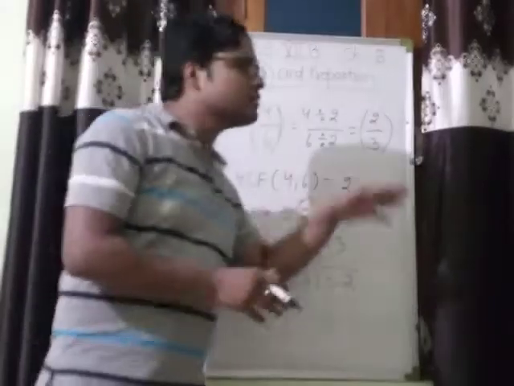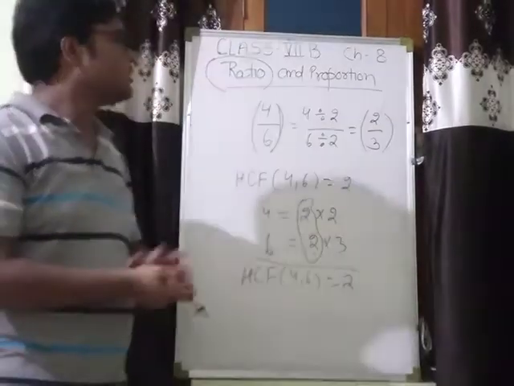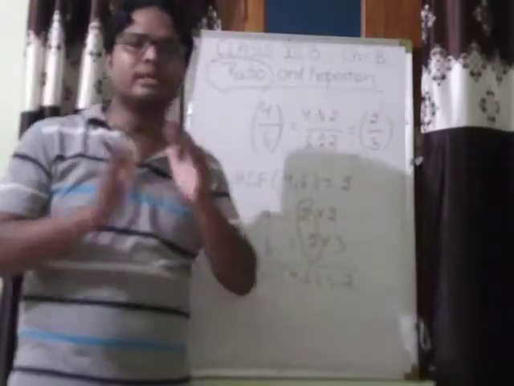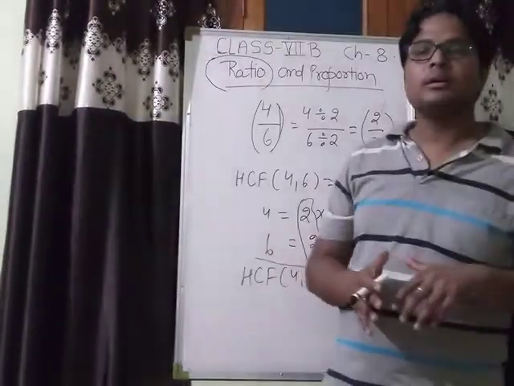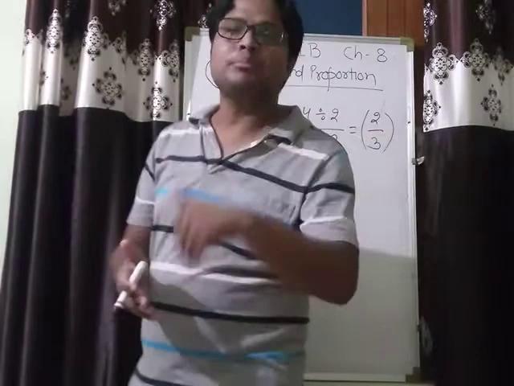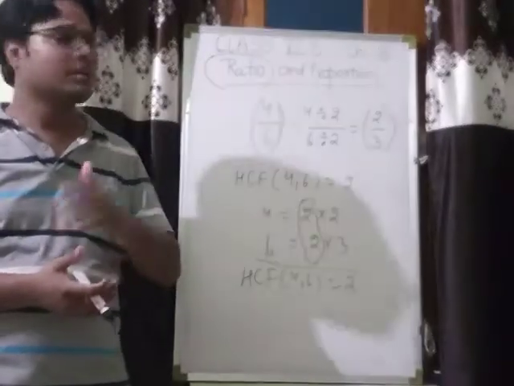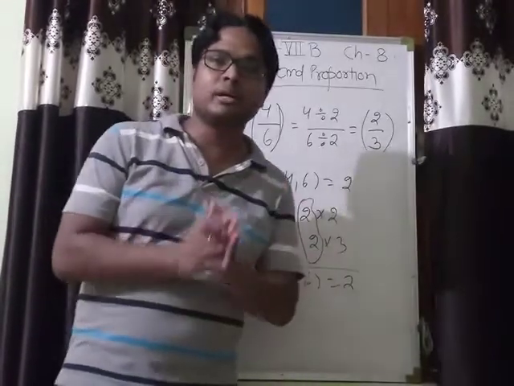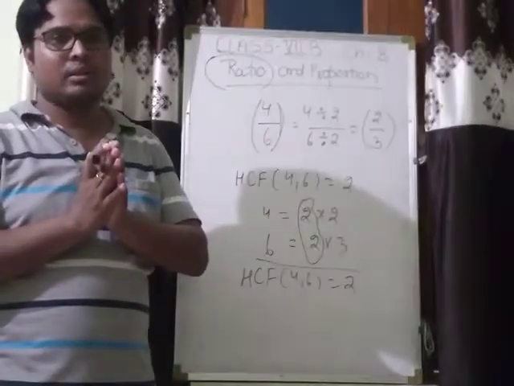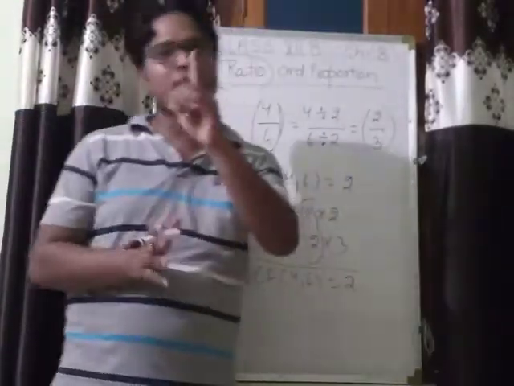And why is this the simplest form? Because now numerator and denominator cannot be divided by any number except 1, means now the HCF of 2 and 3 becomes 1.